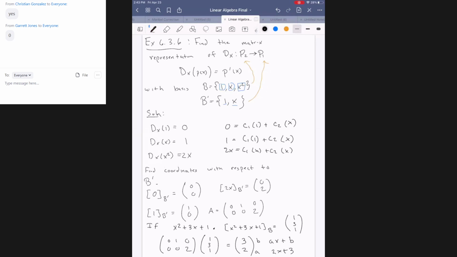So you see how this matrix did exactly what the linear transformation was going to do. The linear transformation was defined as the derivative. We represented it as a matrix, took the polynomial in the new basis and applied it, and it took the derivative of it. We're going to do more examples because I feel like maybe this was a little out there, but we'll definitely do them on the homework, because the homework has them basically.